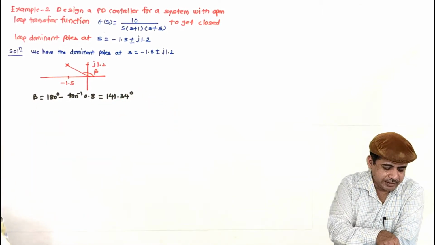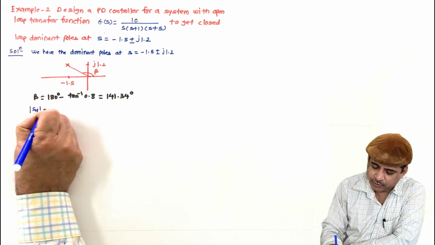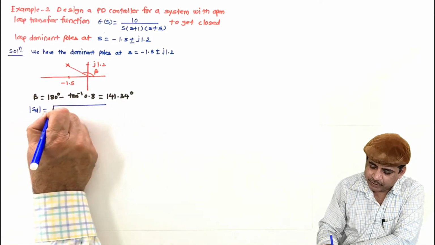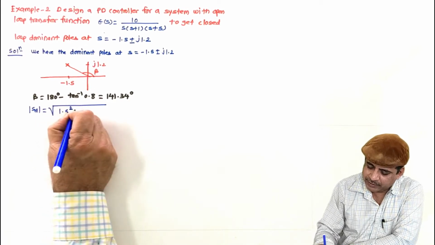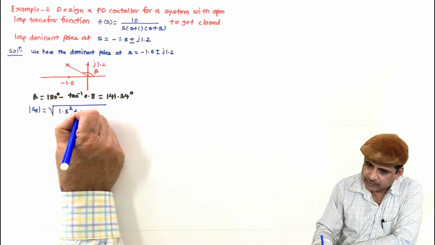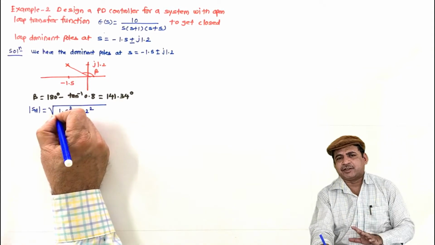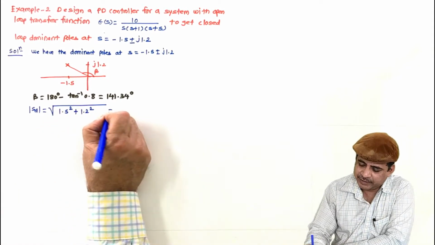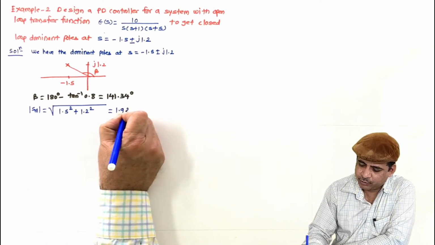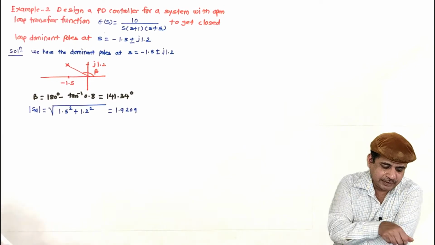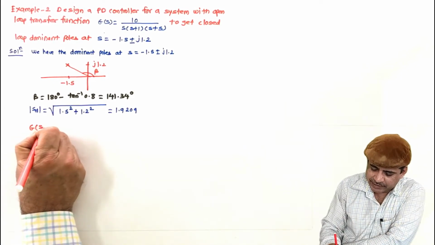Then next is its magnitude. So magnitude of the dominant pole will be equal to under root real part square, that is 1.5 square plus 1.2 square. Actually it is square of minus 1.5, but it is same, and it is coming 1.9209.